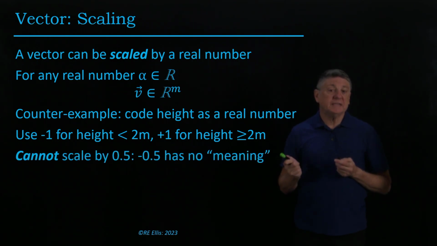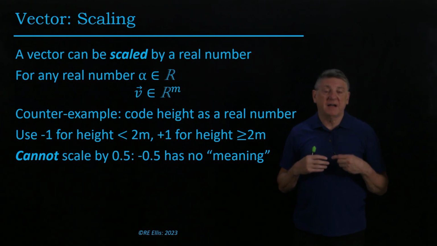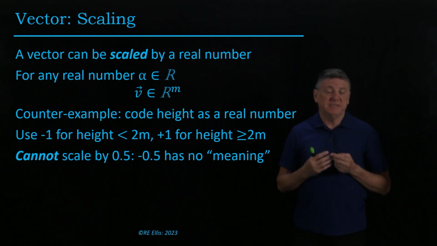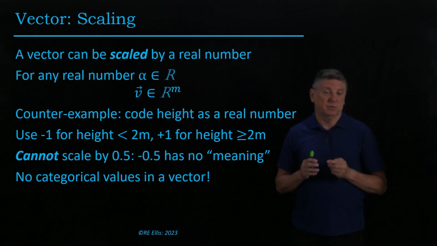So you can't scale this number by 0.5. For example, if the entry is -1 for height less than 2 meters, -0.5 has no meaning. So the semantics of the entries cannot be changed by multiplication by a real number. That's the essence of this. And what we also say is you can't have categorical values.